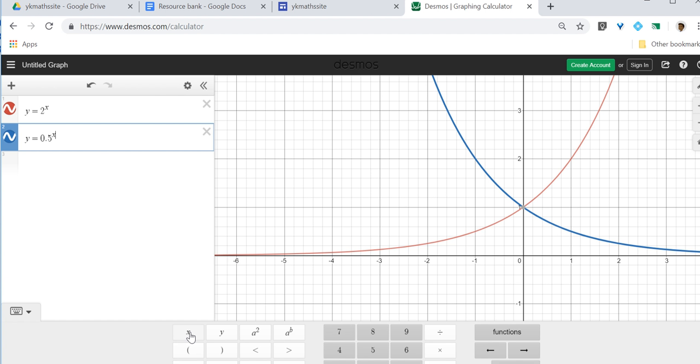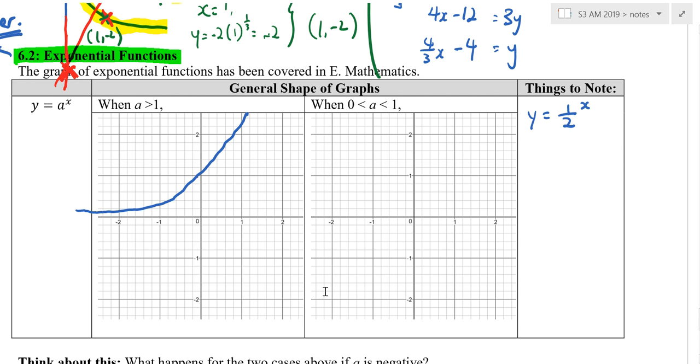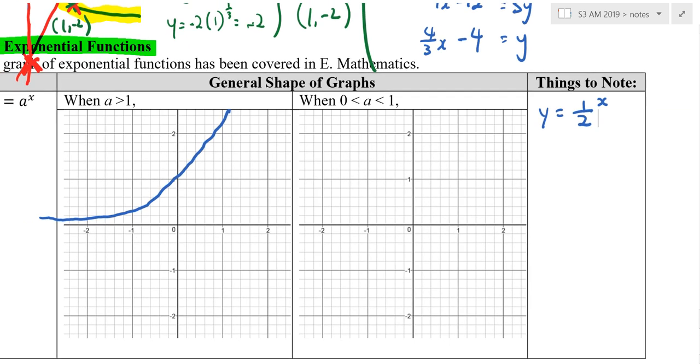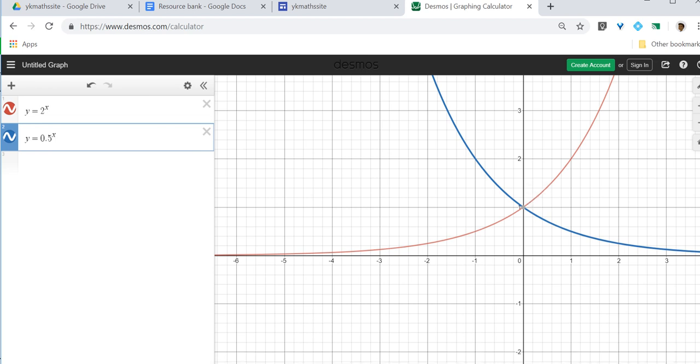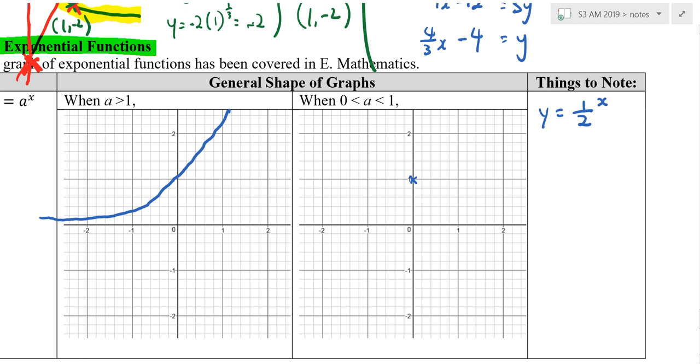Okay, so let's go back to the graph. So how do we draw this? Does it still cut at 1, 1? Oh, sorry. Does it cut at 0, 1? Yeah, both cut at 0, 1. So I go back to the graph and I'll draw like that.